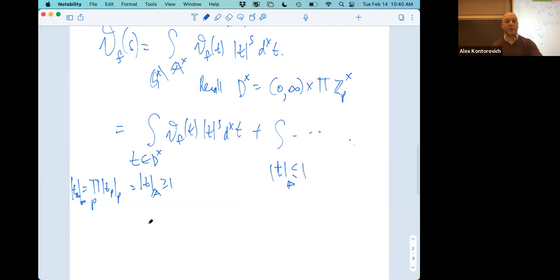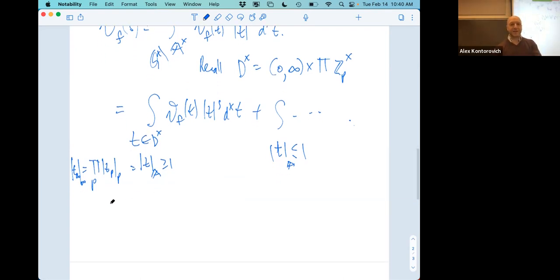All right, what's going on? Let's have a look at this first bit. Let me isolate it. So I have this integral over t in D cross, adelic absolute value, which is also equal to the infinity absolute value greater than one, of what is this theta function?